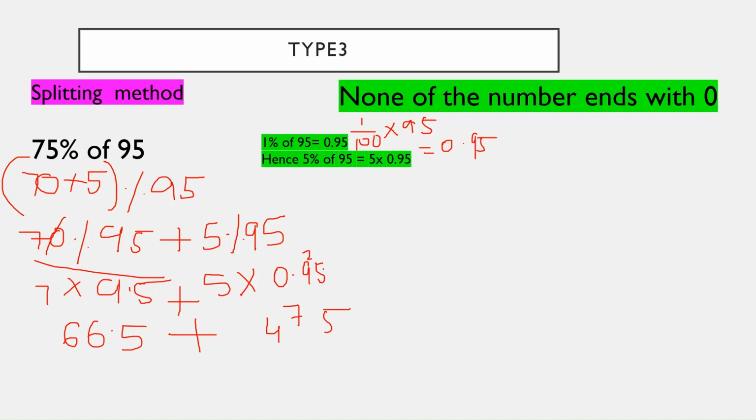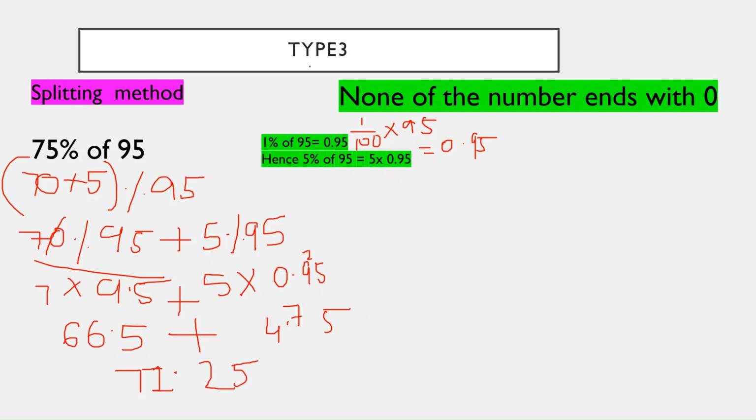Then where is the point? After two numbers there is a point. 1, 2. I'll put the point here. 66.5 plus 4.75. When you do the addition of these two terms, you will get the answer as 71.25.